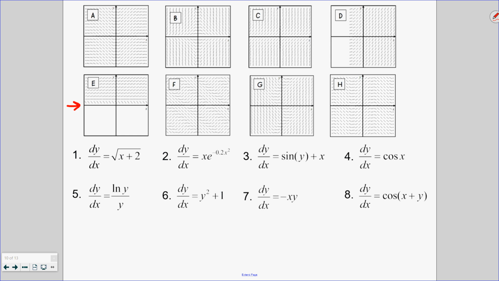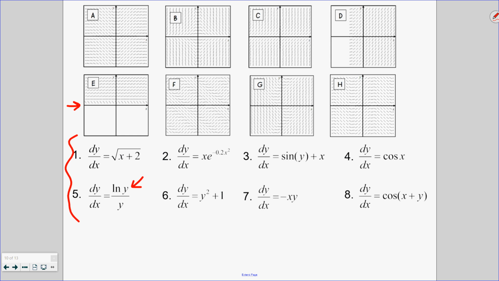So if we look at E, you notice that when you're at 1, you get a slope that is 0, and that there are no y's that are negative. If we look at all of our choices here, all 8 of the equations, we don't have any issues with y being negative except for right here, because we're not allowed to put negatives into ln's.